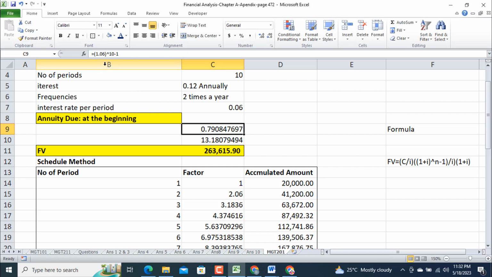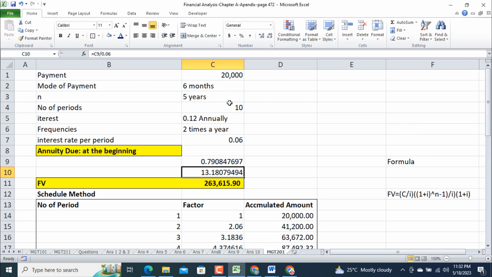Look at this, 1.06 raised to power 10 minus 1, and there's another factor I'm going to share with you later. After that I multiply by the remaining 0.06, and I multiply this 13.18 by the investment amount, which is 20,000.